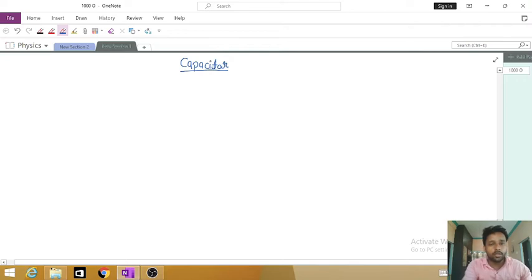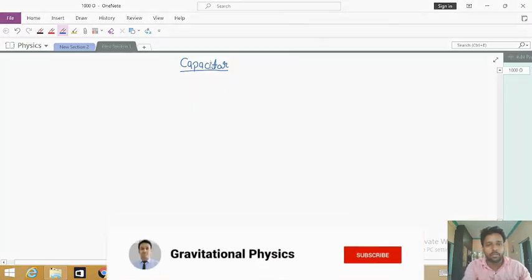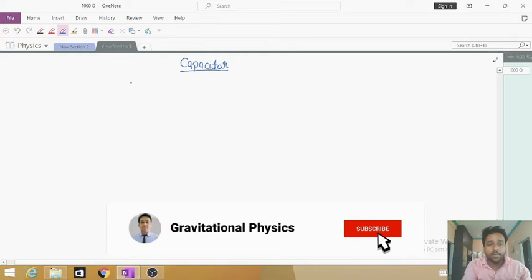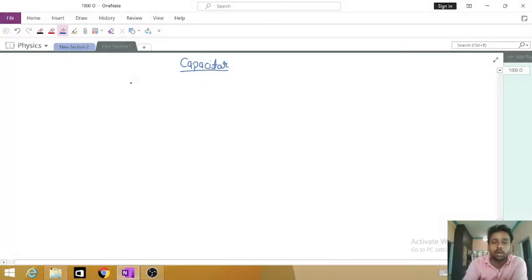So the topic which I am going to cover is capacitor. Basically, a capacitor is a device which is used to store electrostatic field energy. Whenever it is required, it releases this energy to run electrical and electronic devices.